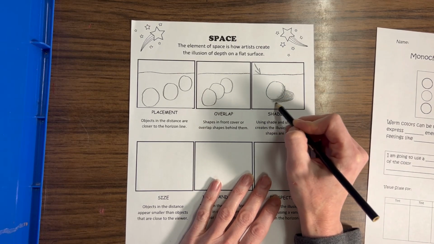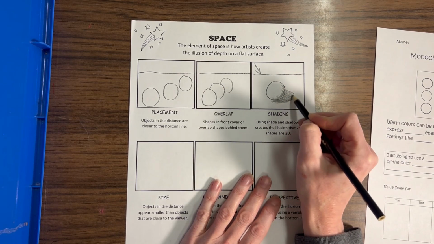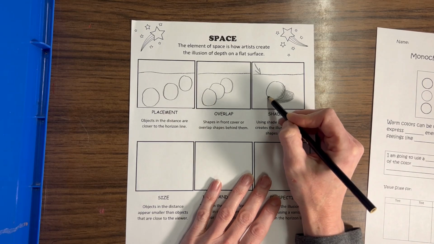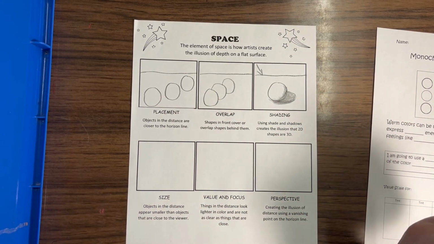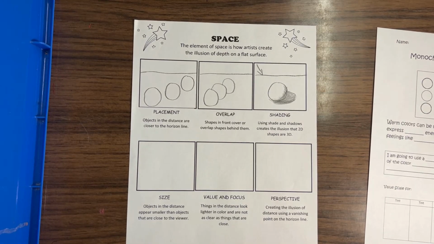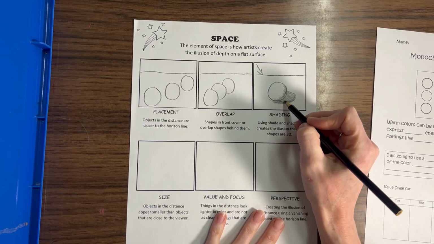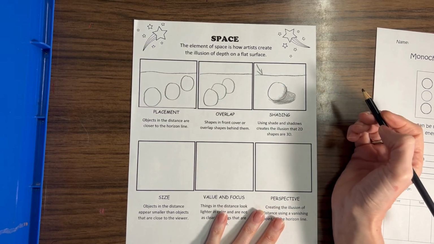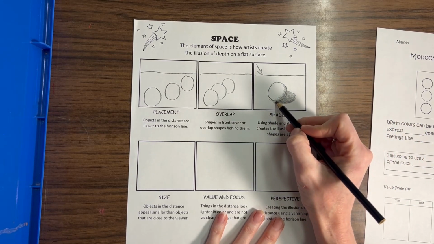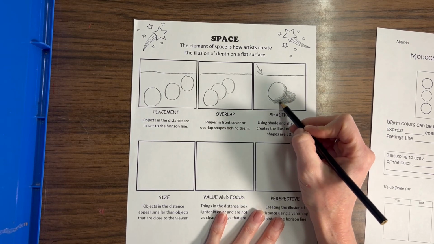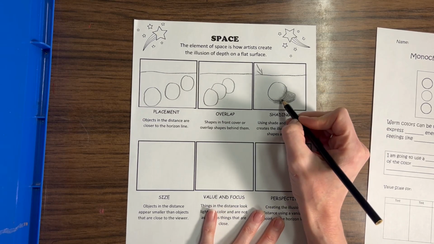Okay, so I color that in lightly, but I'm wondering if you guys recall when we made our cupcakes in third grade, and I taught you that one little trick to making a shadow look more realistic is that it's going to be darkest where it's closest to the object that made it.